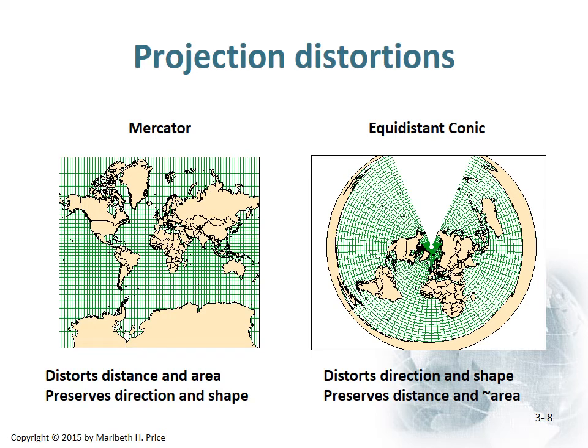The Mercator projection was used historically by the U.S. and by Europe to indicate just how bad an enemy the USSR or the Soviet Union was, because it distorts the size of the Soviet Union immensely in relation to Europe or the United States. So it can be used for propaganda purposes.